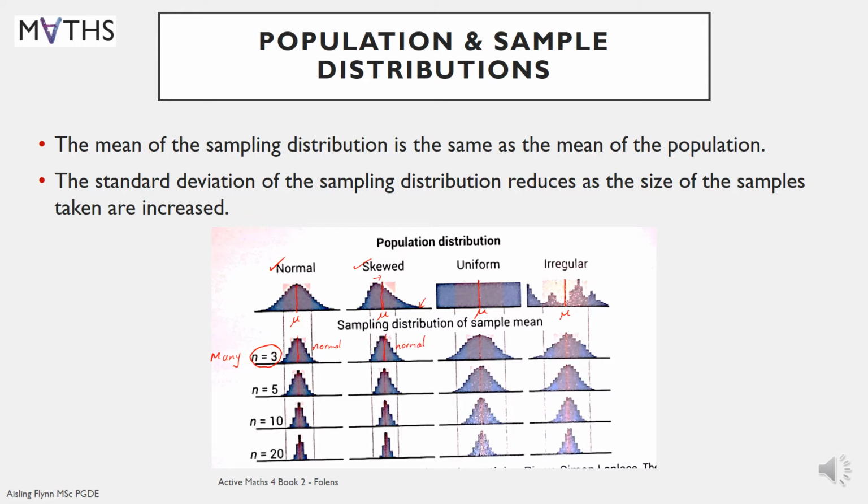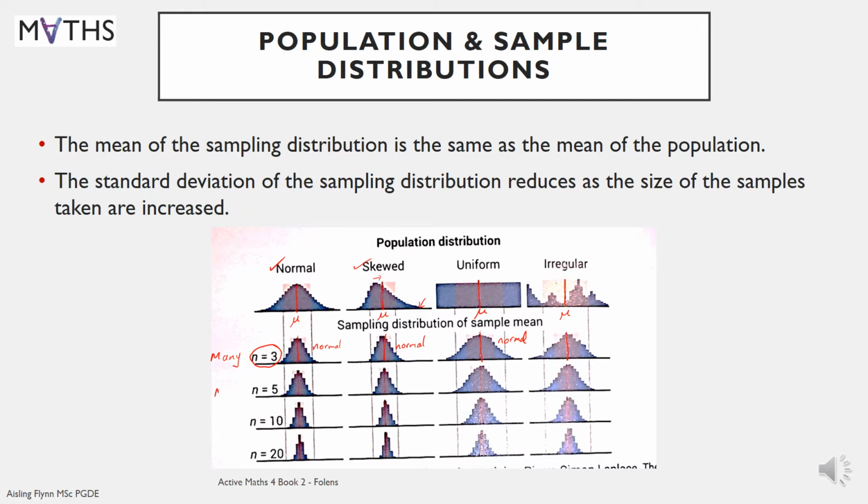Your sample distribution is normal, or more or less, and the mean will agree with the mean of the population. The same goes for the uniform distribution initially. When the samples are taken, the sample distribution turns out normal, but the mean agrees with the original population mean, and the same here with the irregular distribution.